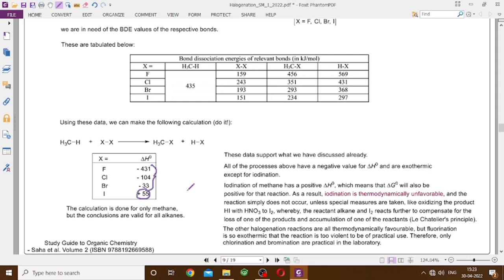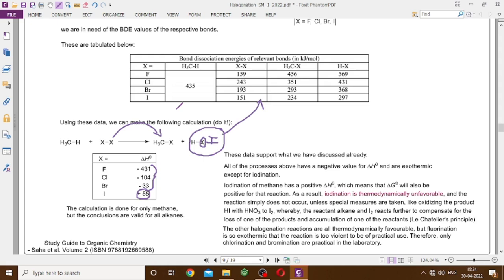If delta G0 is positive, it means iodination is thermodynamically unfavorable, and this reaction will not go unless, when X is equal to I, you remove this HI from the reaction medium by oxidizing it or something like that. You can use HNO3 to oxidize the HI to iodine, and by Le Chatelier principle, with one of the products being removed from the reaction mixture, the whole thing will now be driven in the forward direction till the whole reactant is consumed.